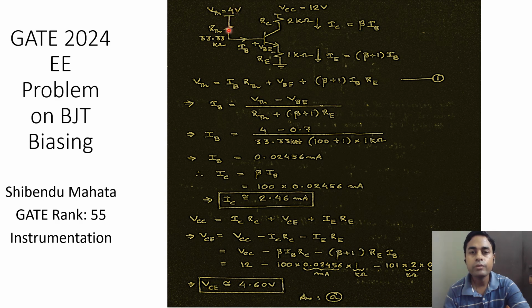We found the equivalent Thevenin's model for the left-hand part of the circuit, that means the divider unit, and then we used this loop to obtain the value of IB and hence IC as also IE, and then used the right-hand part of the loop to obtain the value of VCE. This is the general scheme for solving any sort of BJT biasing circuits which are based on this voltage divider.